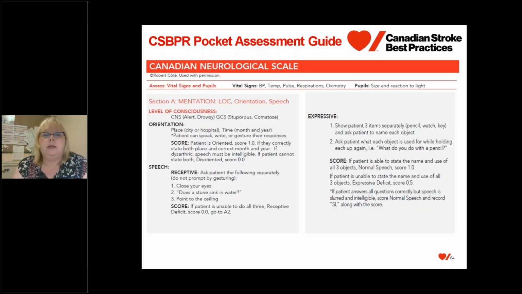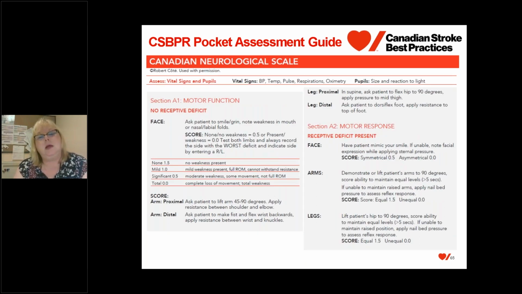So using the Stroke Assessment and Prevention Pocket Guide, score mentation on our final case. Now score motor function.